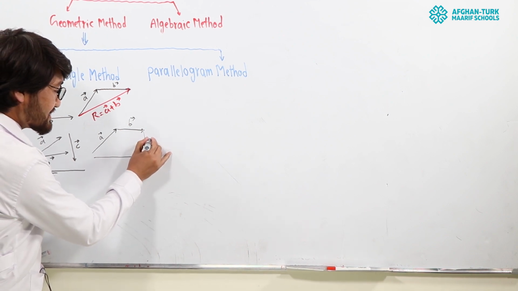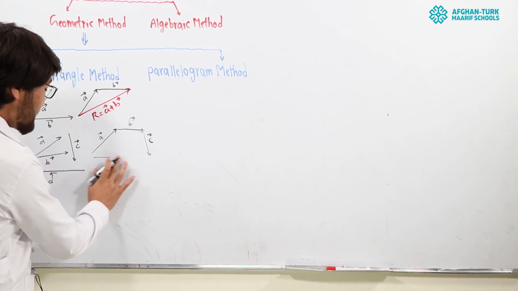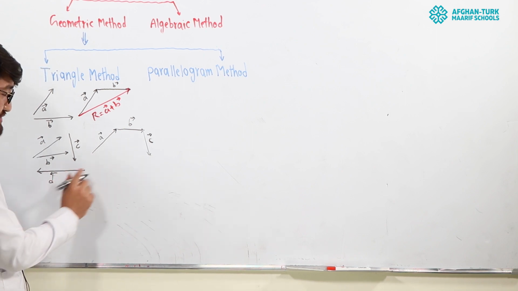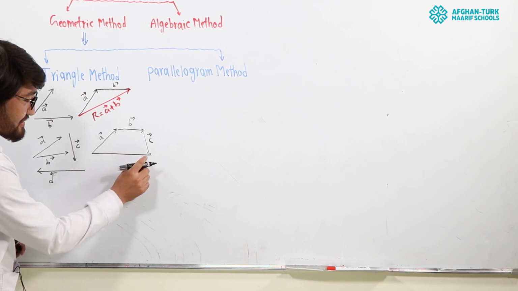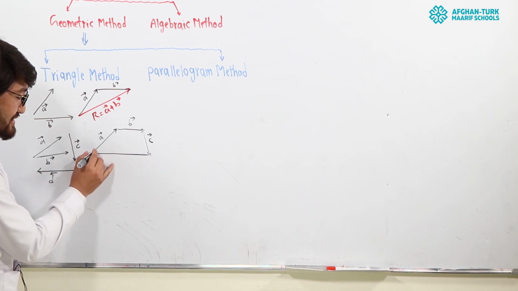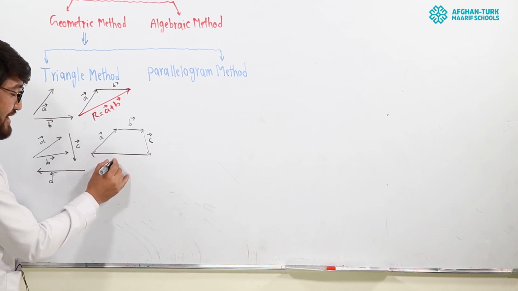Yeah, it is C. And now we carry vector D and we join the starting point of vector D to the end of vector A.